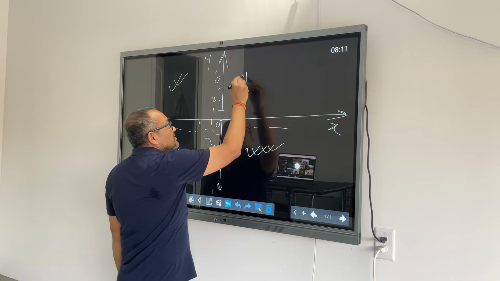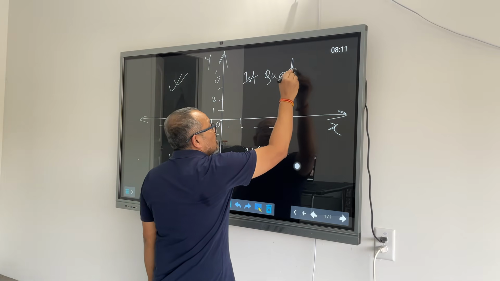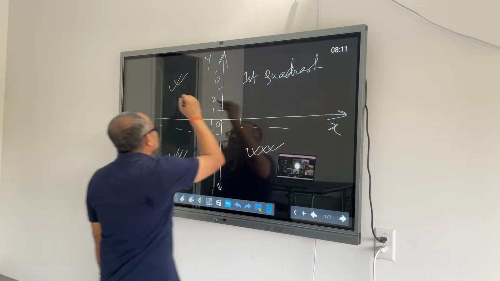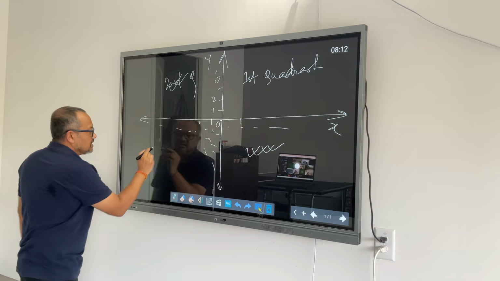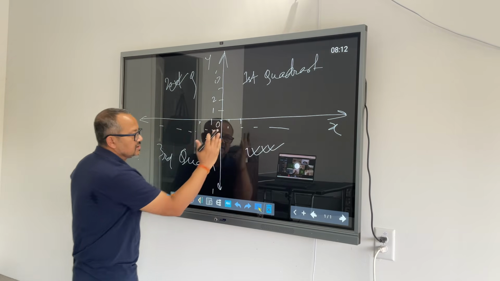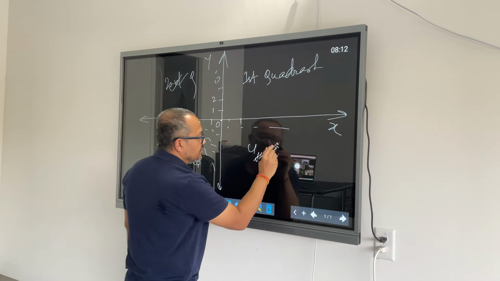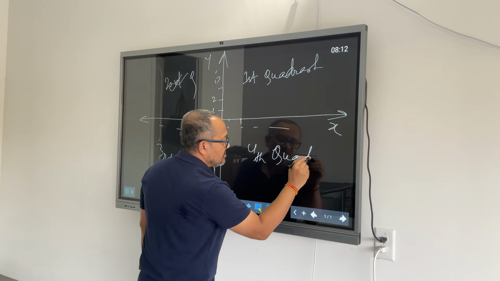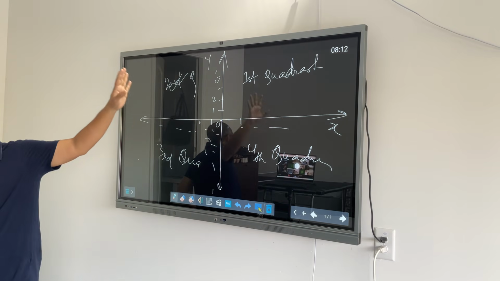So this is the first quadrant. This is the second quadrant. This is the third quadrant. This is the fourth quadrant. Okay. Now we know what these are called.